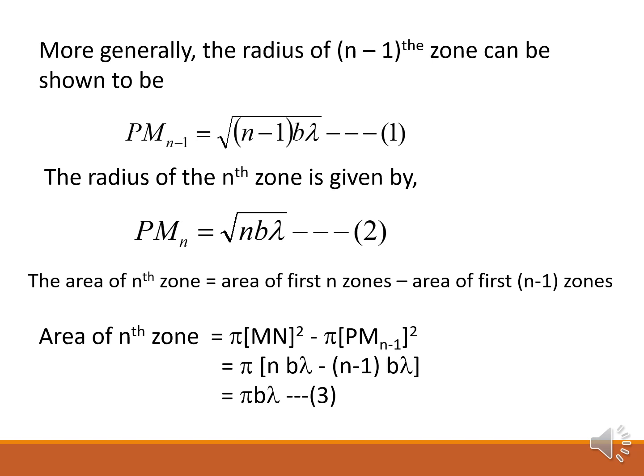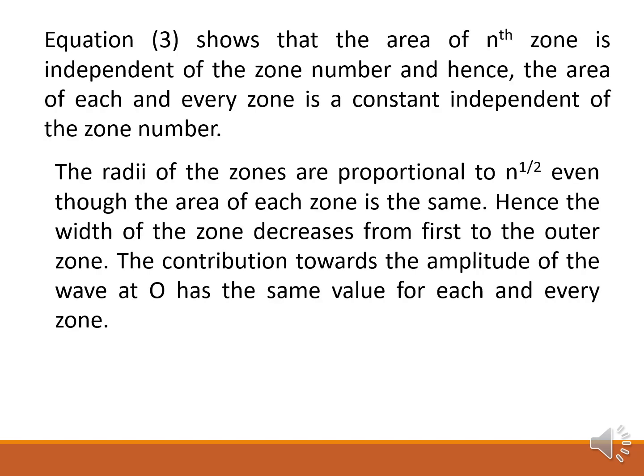Let's call it equation 3. Now equation 3 shows that the area of the nth zone is independent of the zone number. This is very important. What did we learn? The area of each and every zone is a constant, independent of the zone number.